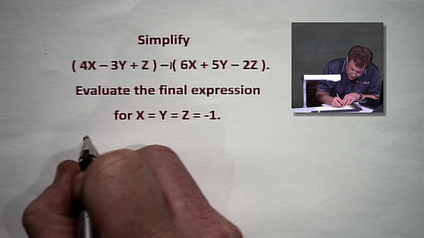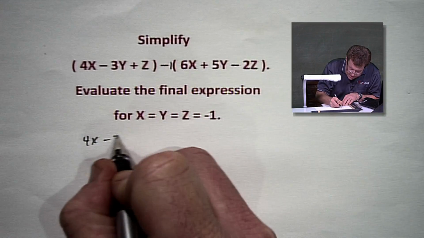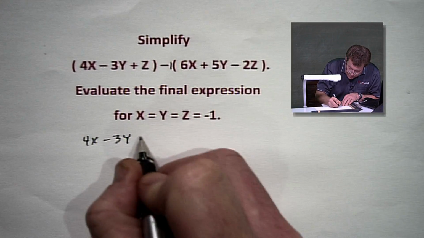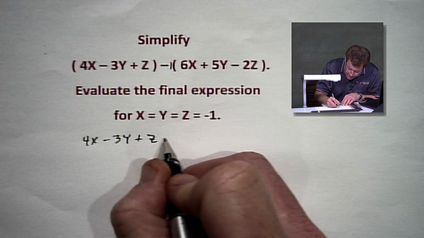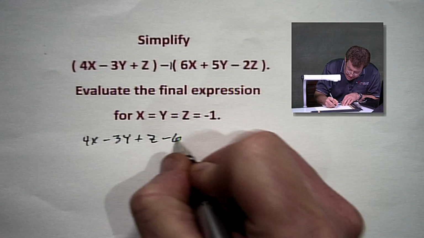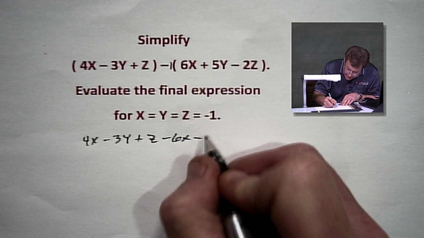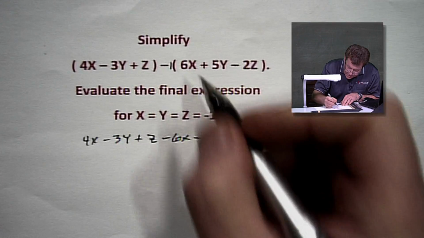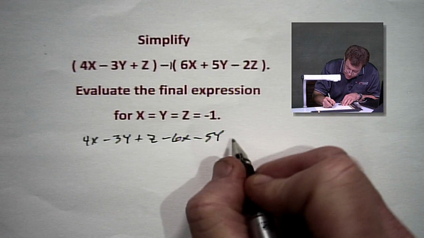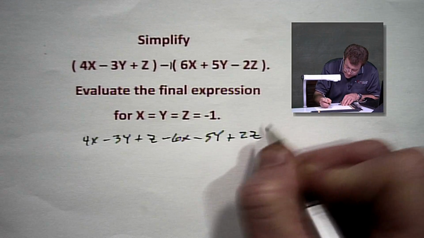We've got 4x minus 3y plus z minus 6x, -1 times positive 5y, -5y, -1 times -2z, plus 2z.